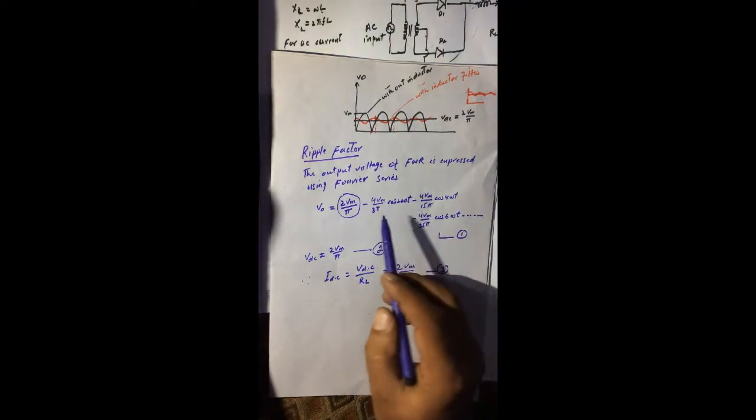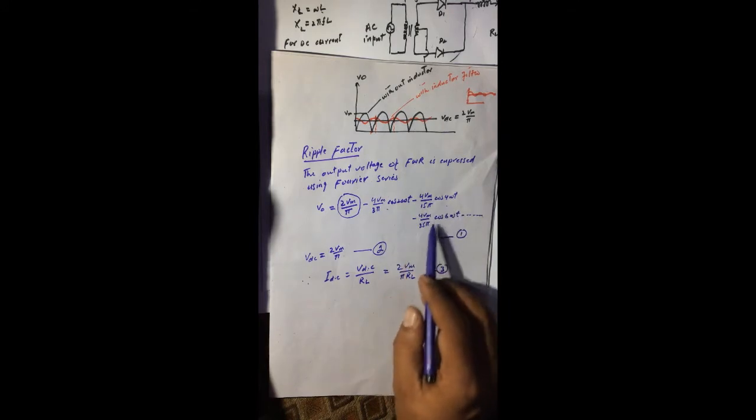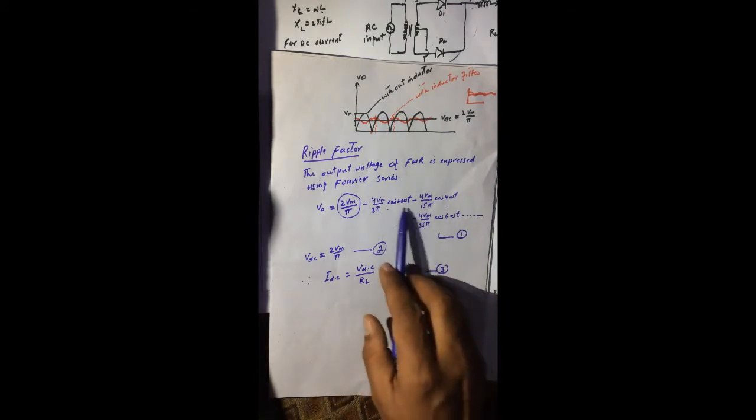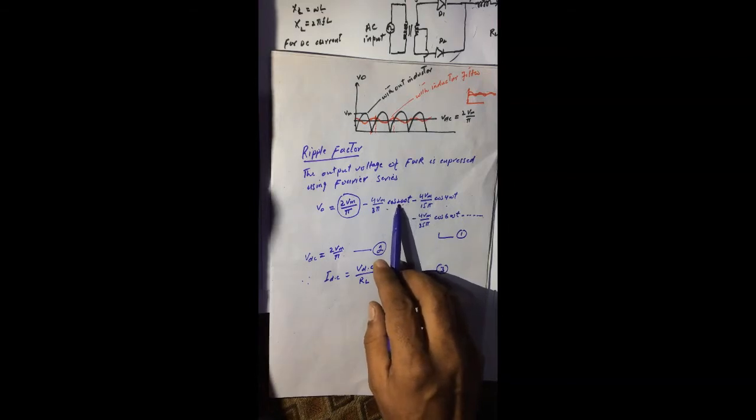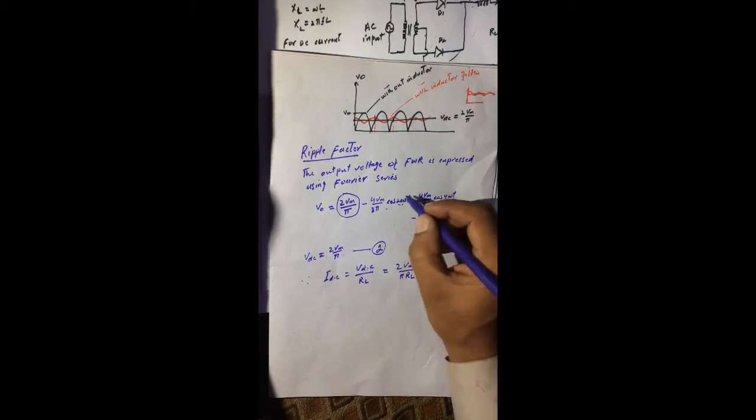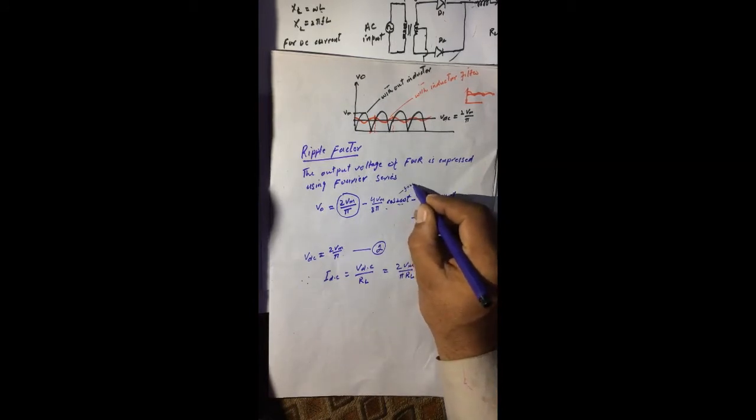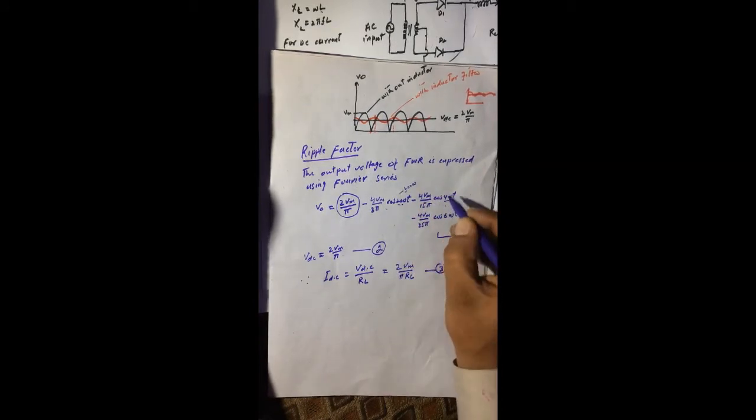Now all other terms in equation 1, like this term, this term, this term, contain frequency because we have this omega. This term has the lowest frequency, which is 2 omega. Here the frequency is 2 omega. Here the frequency is 4 omega.